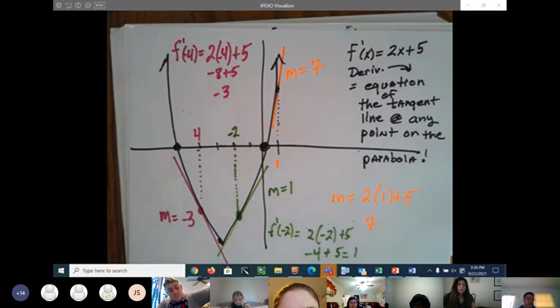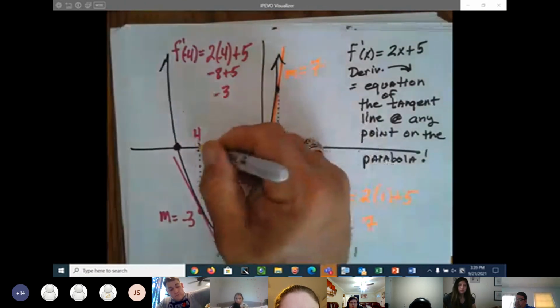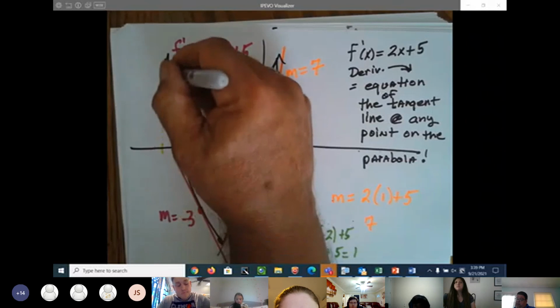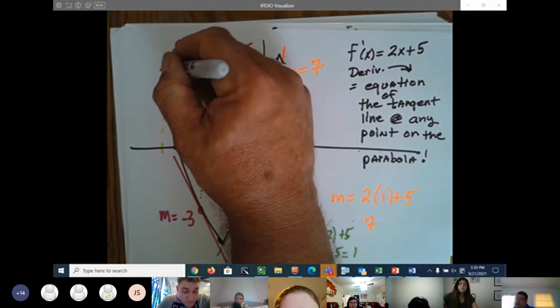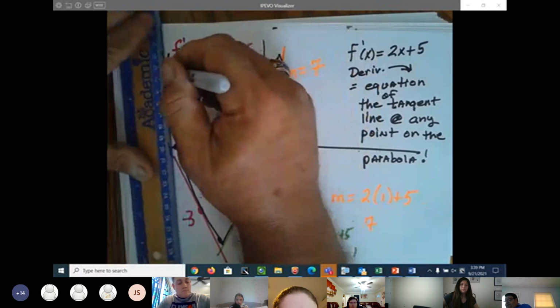Let's do one more color. Let's do yellow and make it, let's see, 4, 5, make it 6. I'm going to exaggerate a little bit and put it right there because I'm running out of graph.